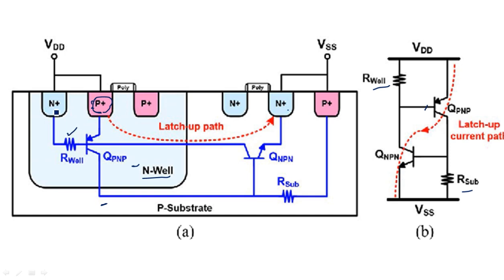Here we see VDD, where we have the power supply VDD, and then a resistor is connected to the base of this transistor, which is nothing but the PNP transistor. Okay, and next another resistor, R-sub, is in between VSS and the base of the NPN transistor.